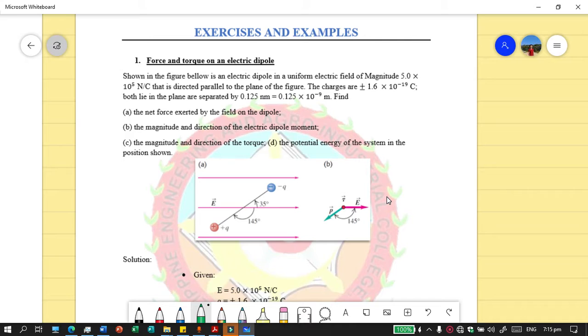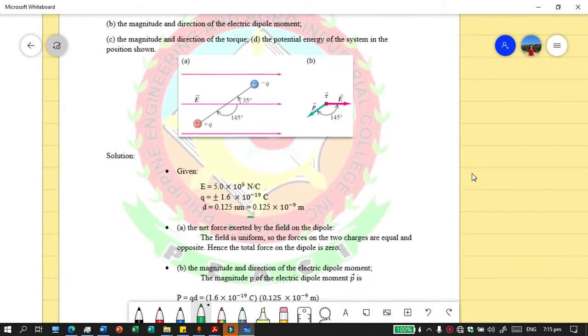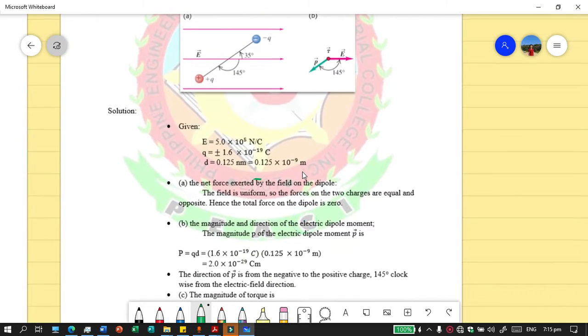As part of our solution, we see here that these are the only givens that we have. So let's try to answer letter A, the net force exerted by the field on the dipole. We already know that the electric field is evenly distributed throughout the plane, and those charges have the same magnitude.